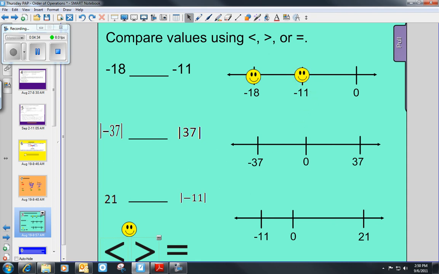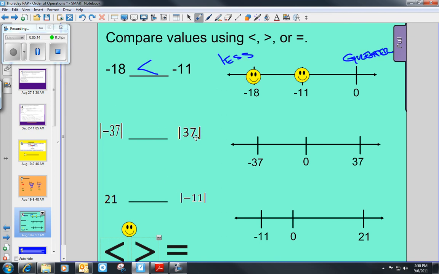Now remember, the farther left you go, the less it is, and up on this end it is greater. So you have less on one end, greater on the other end. So negative 18 is less than negative 11. And so the small end of our less than sign goes towards the negative 18.